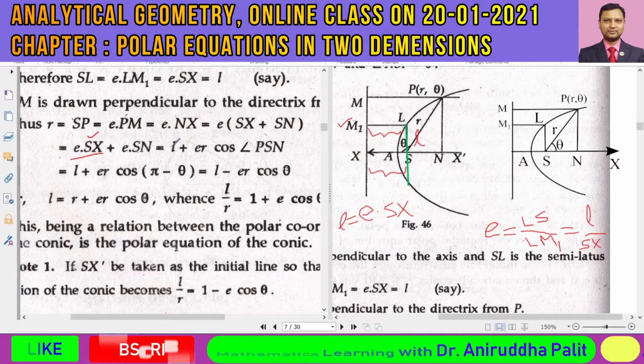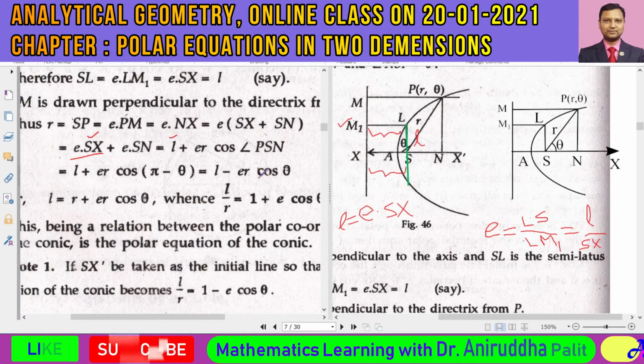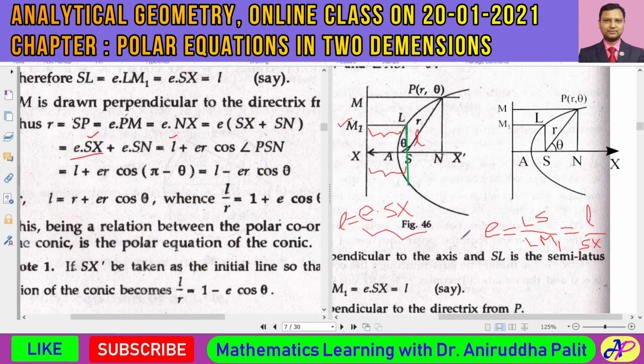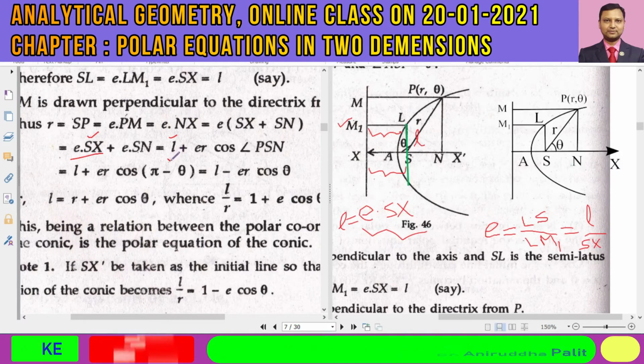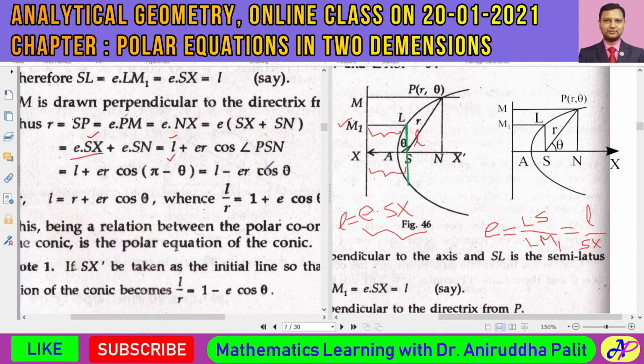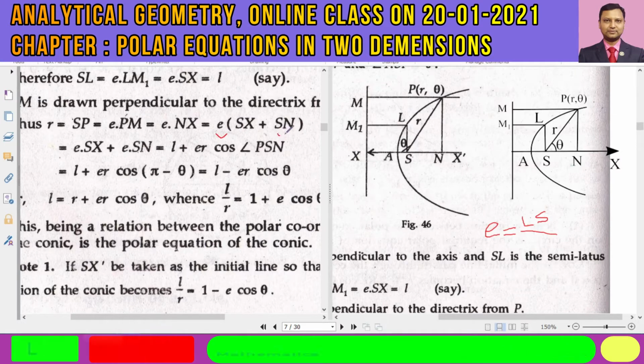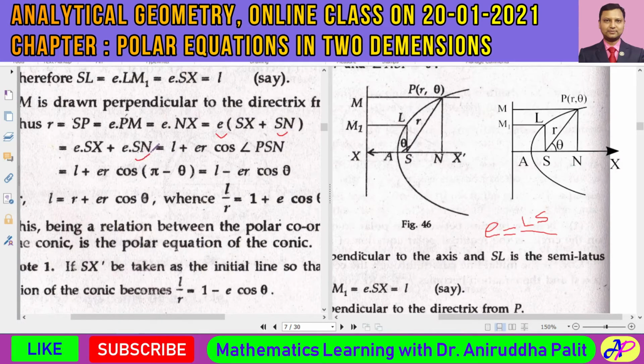So this E into Sx must be equal to L. This is the first term. And what about this second term? This second term is equal to E multiplied by Sn.